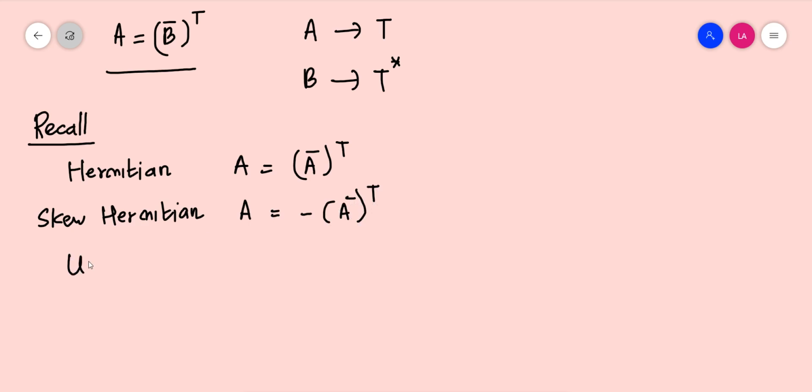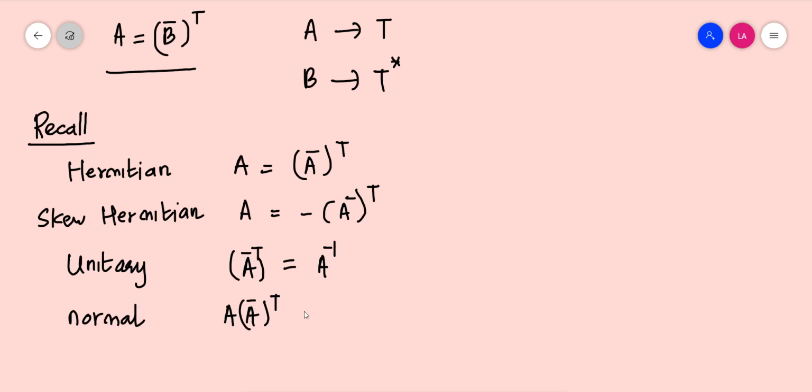And it is said to be unitary if A inverse is equal to A conjugate transpose. And it is normal if A times A conjugate transpose is equal to A conjugate transpose times A. So this is the definition of various classes of matrix.